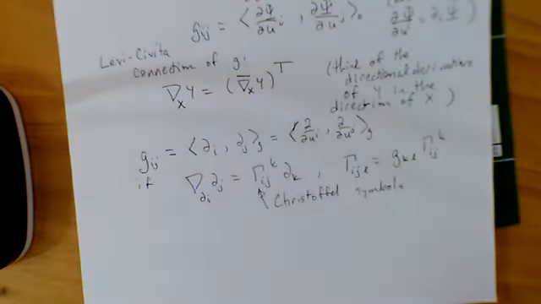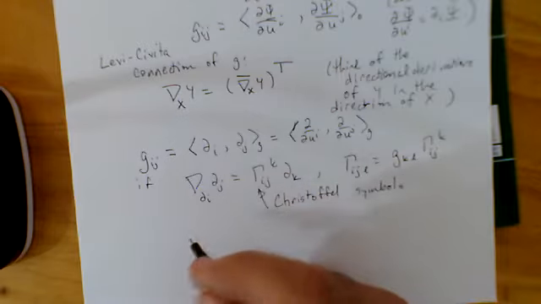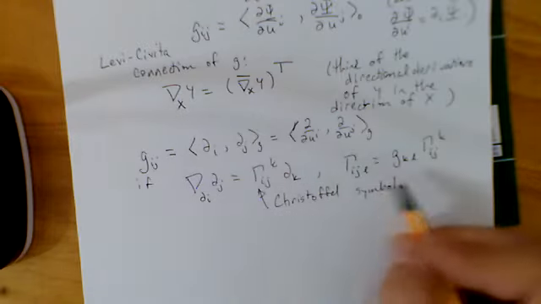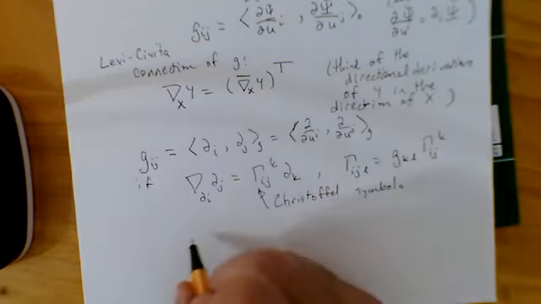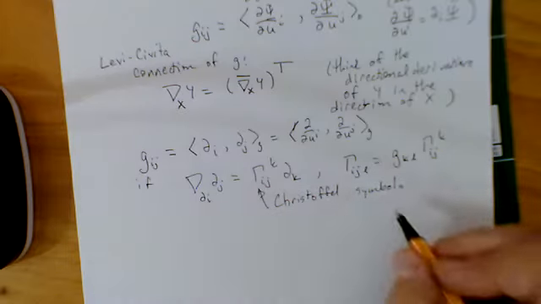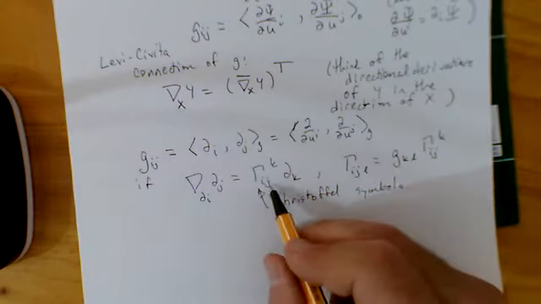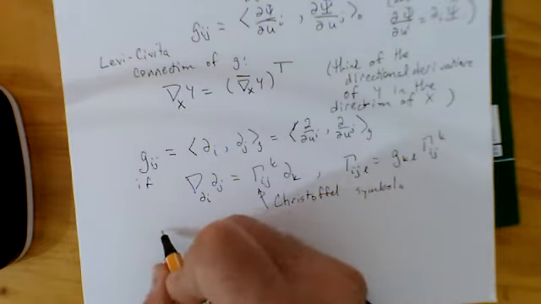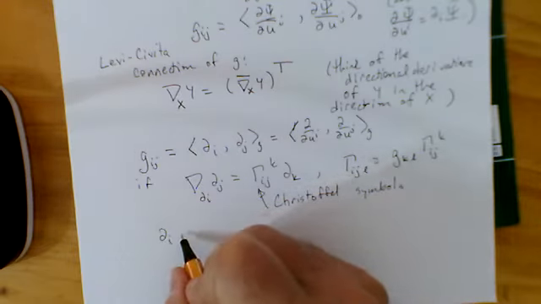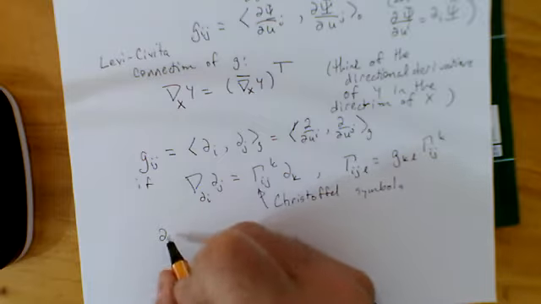So what do I see? The first thing I see is that the Christoffel symbol is symmetric in the first two indices. But I also see that, let's write it this way.